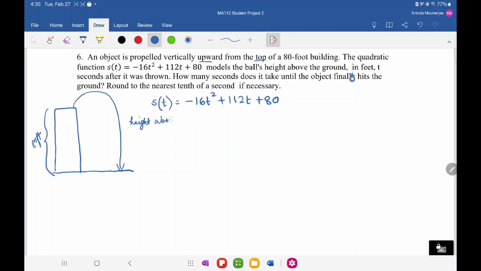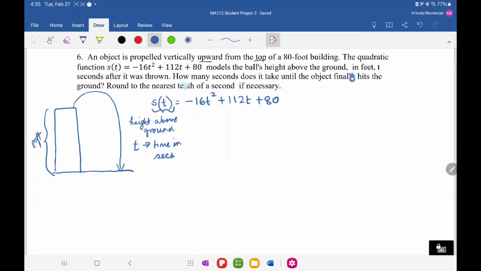What does t represent? It represents time in seconds. So we can plug in different values of t into this function and it will return the height of the ball above the ground.